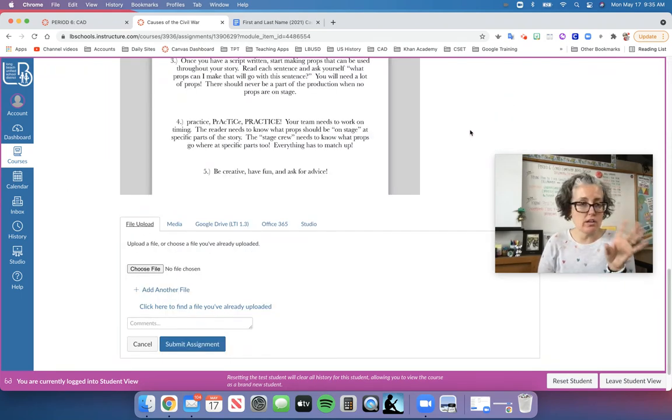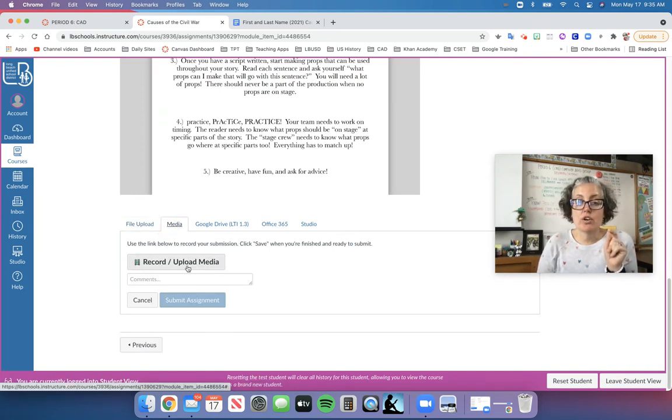You've already started it, no big deal. You're going to upload that PDF, and then under the Media tab, you're going to record your video. Okay, so you're going to record your Common Craft video, and then once you've done that, you're ready to submit.